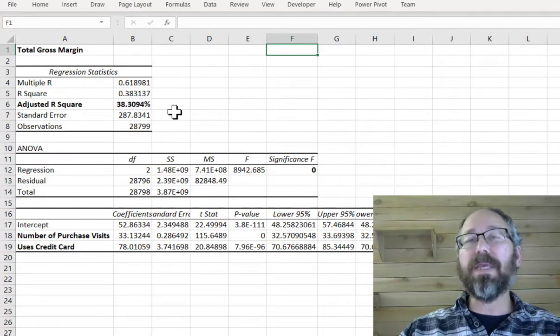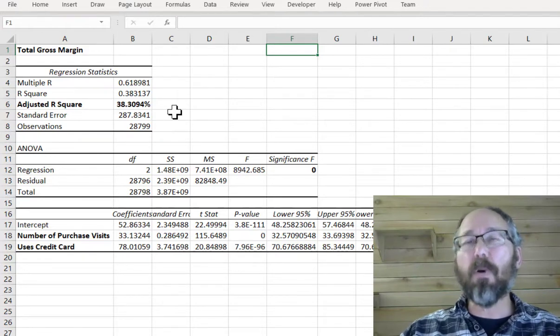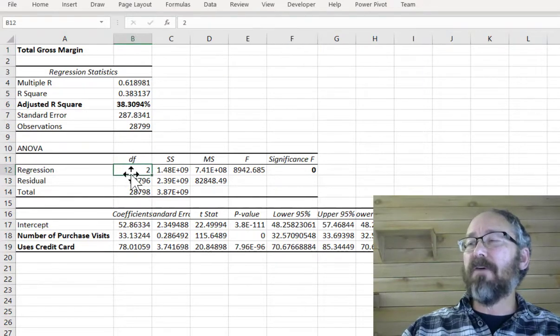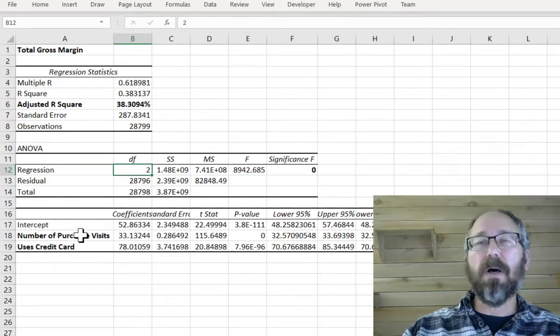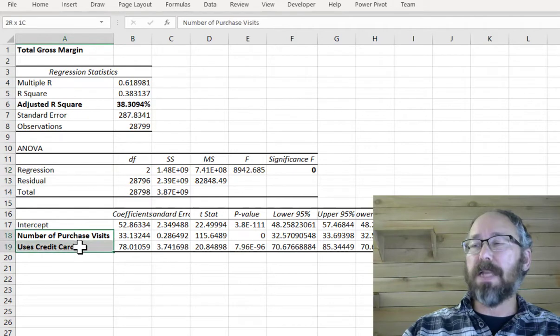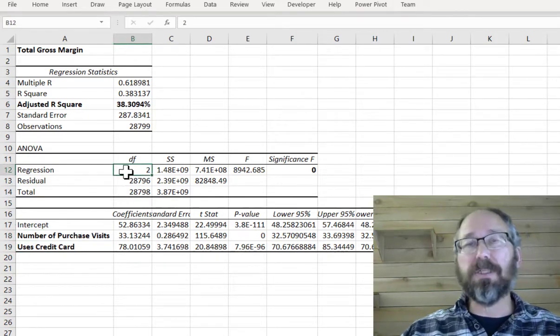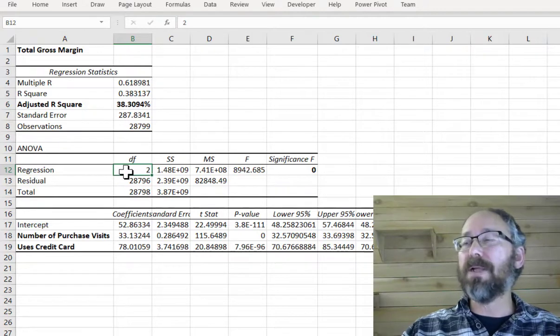Now, we can build the equation from this, but before we do, I want to point out a couple of other aspects of this. Notice that there is a degrees of freedom here, DF, for the regression. Now, that is simply the number of these predictor variables that I have. So we have two. If we go back to one of the others where we just had a simple linear regression equation, it would have a 1 there.